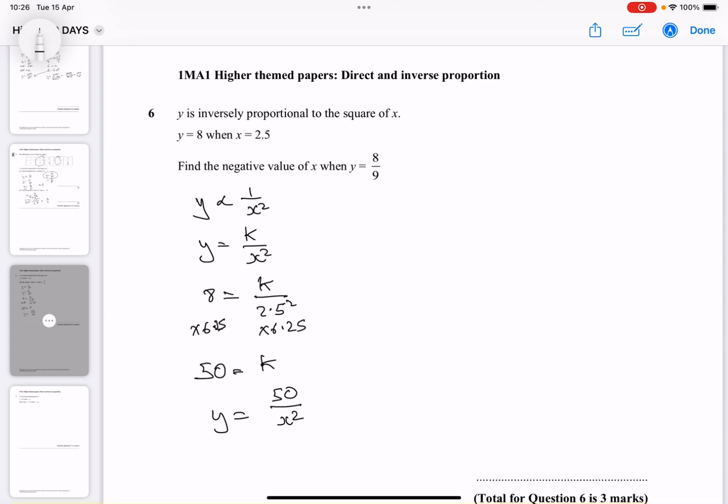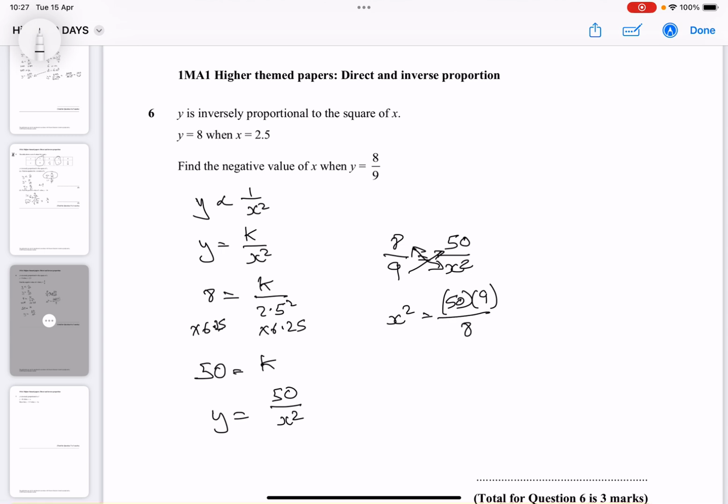Find the negative value of x when y equals 8 over 9. So what we've got is 8 over 9 equals 50 over x squared. Now, for me, I would swap those over, so I get x squared equals 50 times 9 divided by 8.